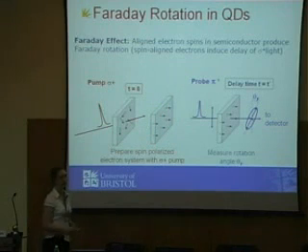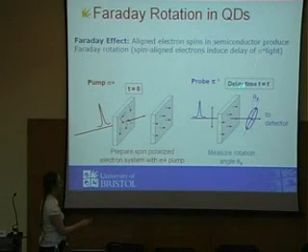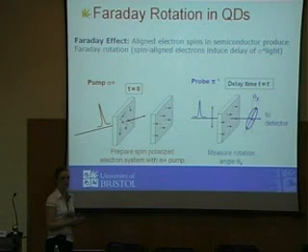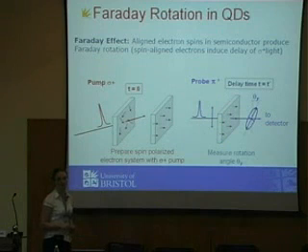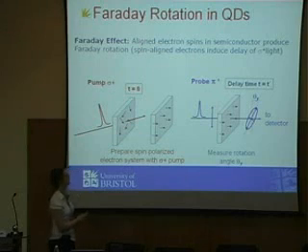And then we come in with a probe pulse, and this probe pulse is delayed at a controlled time which we can vary. And by continuously varying this, we get a measure of the spin precession as a function of time. So this probe pulse is linearly polarized, and we make use of a kind of Faraday effect in this system, where if you imagine the probe pulse, which is linearly polarized, is a superposition of sigma plus and sigma minus circularly polarized light.